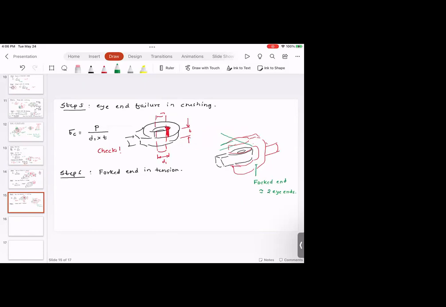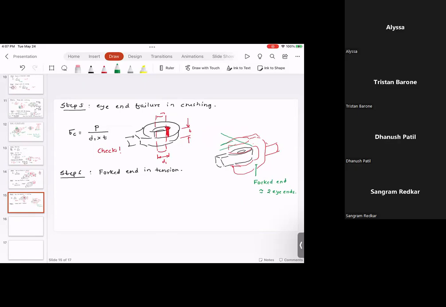Same failures would happen on the forked end. But what is the difference? The only difference is the areas would be multiplied by 2 times. Do you agree with me? Now, what is the implication?